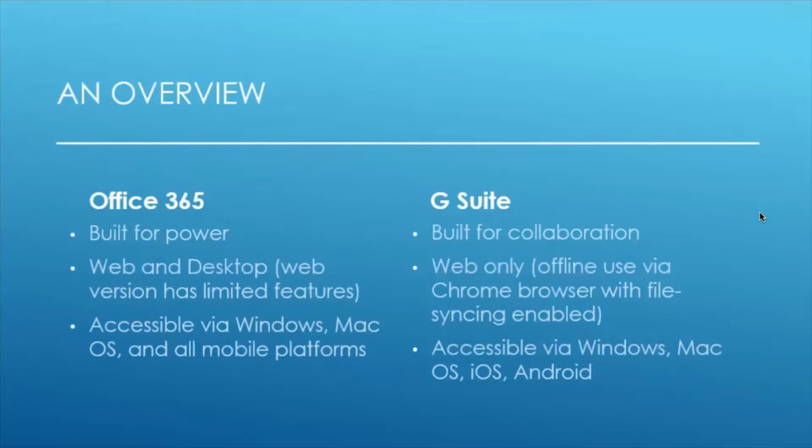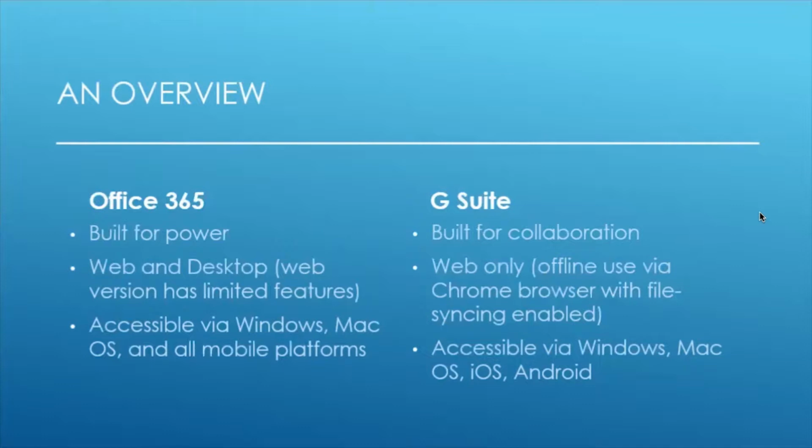Whereas G Suite started as Google's infamous search engine. From there, it gave the option to start to edit collaboratively with various documents and grew that way. So the background for the two products, despite coming to very similar current iterations, definitely started from different places. And the advantages or disadvantages to those come into play when we start to get into the details.